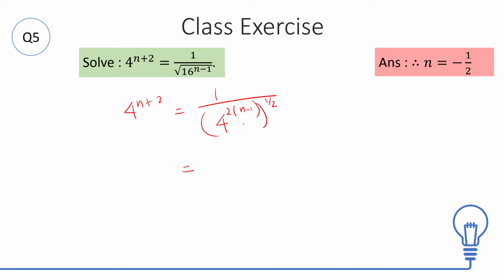Since I want to do the comparison, I bring it out to become negative. This one and this one can simplify, so n plus 2 equals negative (n plus 1). So my 2n equals negative 1, n equals negative 1 over 2.